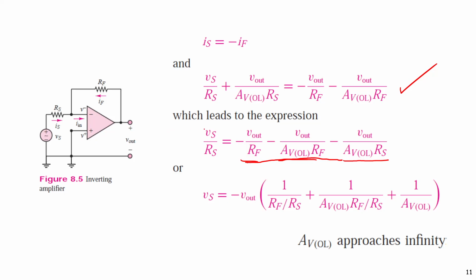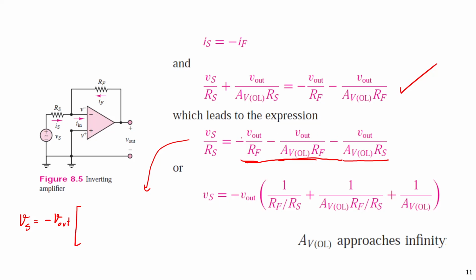So Vs will be minus Vout, minus Vout, multiplied from this. This will be Vs is minus Vout, right?